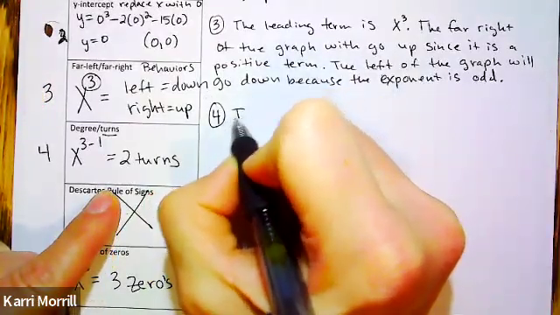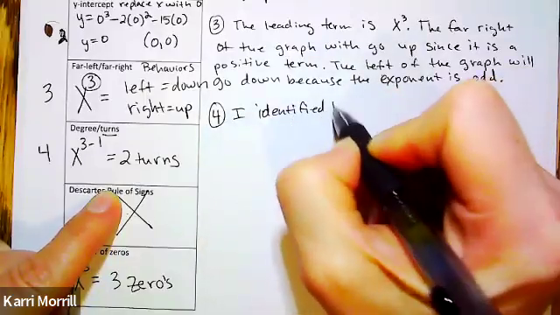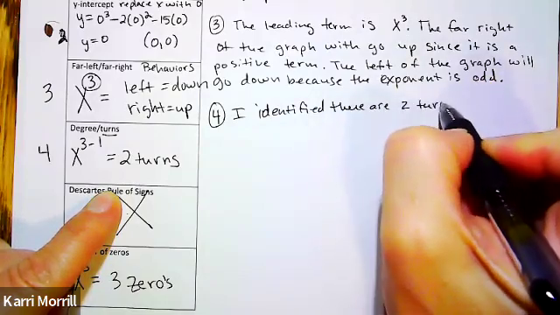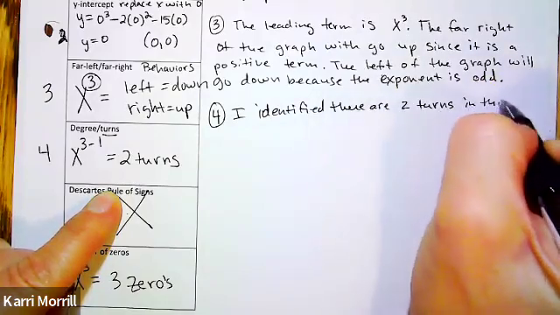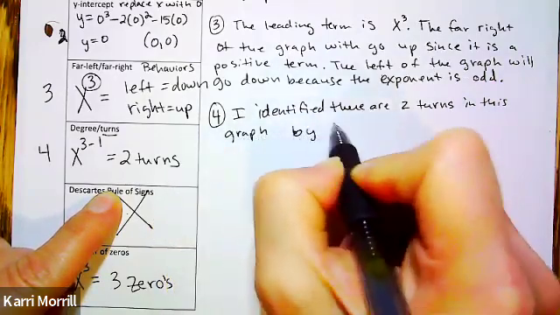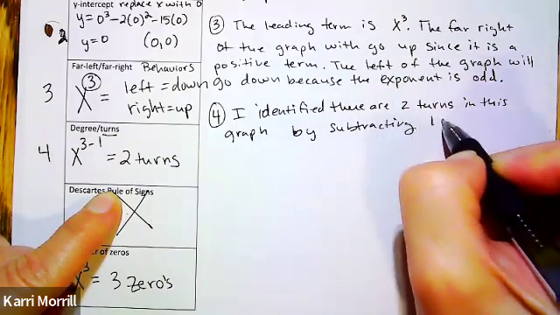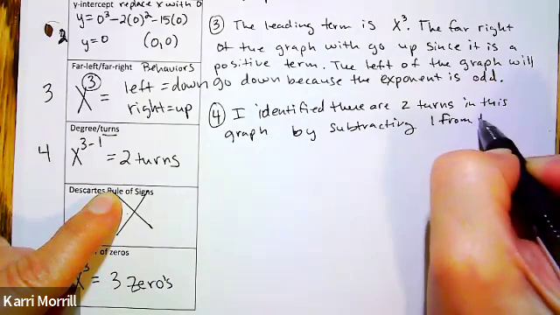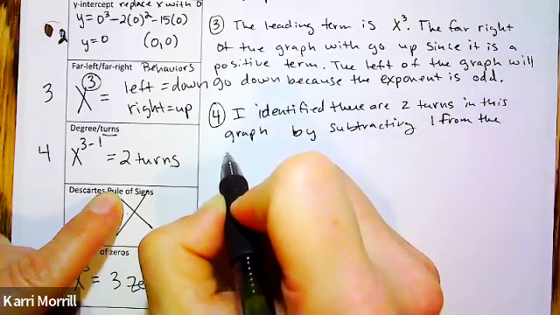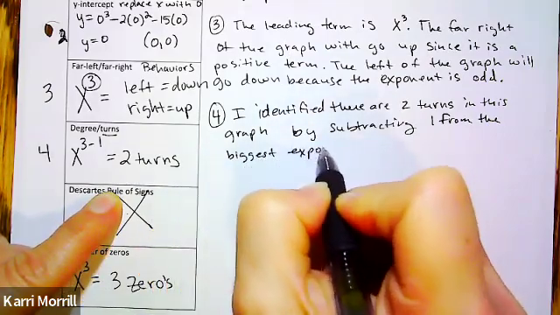You could say, I identified there are 2 turns in this graph by subtracting 1 from the leading term or the biggest exponent, whatever you want to say.